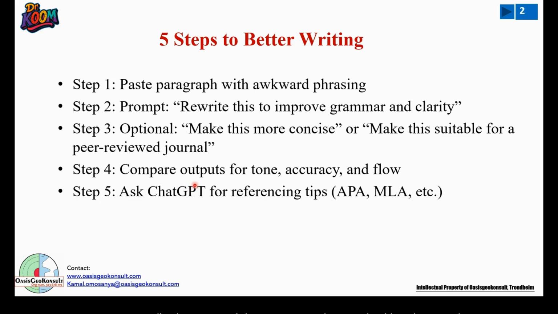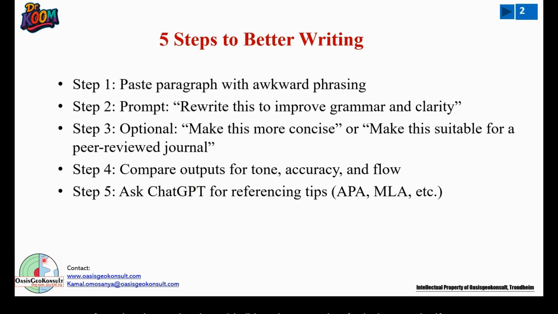And optionally, you can also ask it to be more concise, more focused, and brief, so that it is suitable for a particular journal or for a particular purpose. And you can now compare the previous text with the new text and see what you have in terms of tone, accuracy, and flow. And then you can also ask ChatGPT to do some referencing tips, maybe APA, Harvard, and so on and so forth, or even Elsevier.